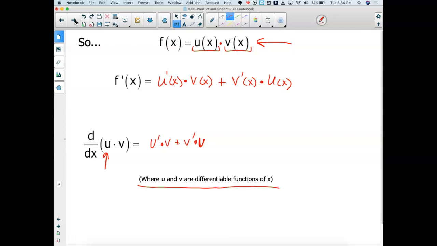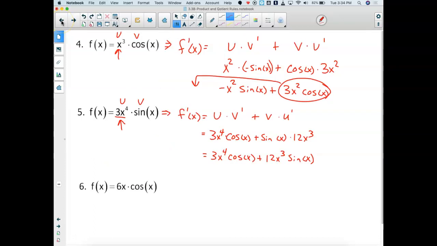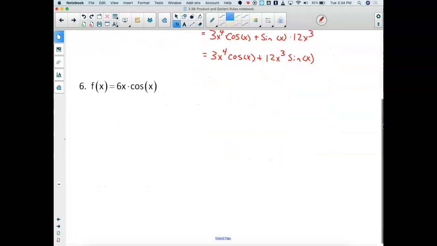So we're going to do a couple practice. Actually, I'm going to come back here and practice number 6 with you really short and quick. Here's the first one, here's the second one. First one in terms of x times the second one.